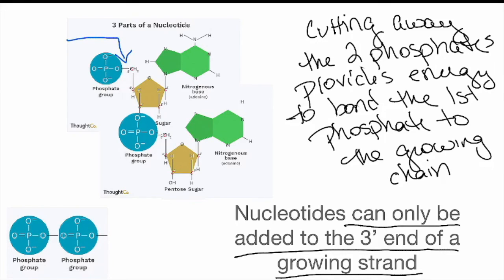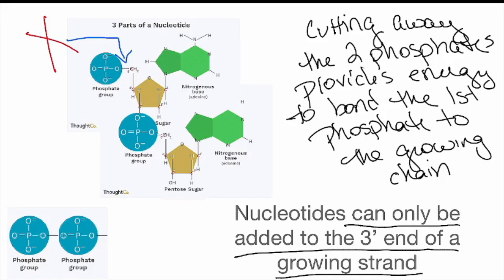There's already a phosphate attached there. We can't add another nucleotide there. We can only add a nucleotide where that free hydroxyl group is available to attack that bond and provide the energy to bond the phosphate to the growing chain.